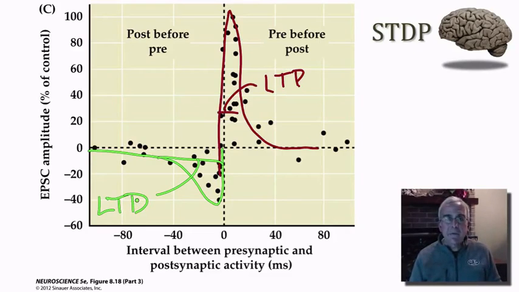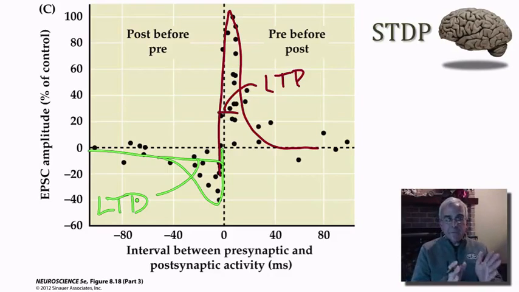My background is in developmental neurobiology, so I like to think about how plasticity works out in the context of development. And as neural circuits become active, there seems to be a lot of noise in those activity patterns in the developing brain. And we might think of that noise as being somewhat unstructured and somewhat unshaped by either the brain itself or by its interactions with the outside world.